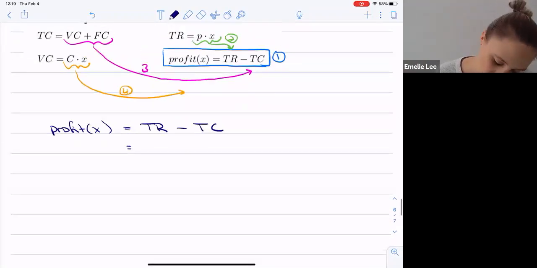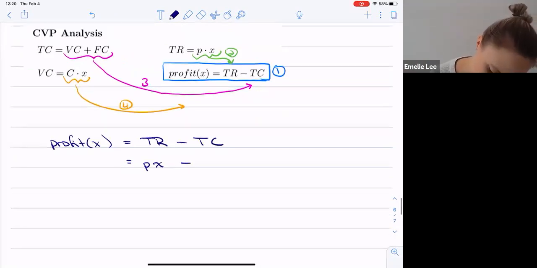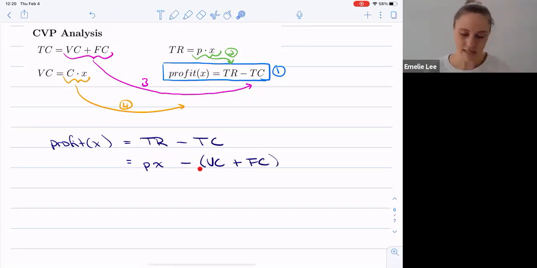The total revenue I'm replacing with P times X. In the same step, I'm going to replace the total cost with the variable cost plus the fixed cost. Making sure that you have brackets around here because this minus is on both the variable cost and the fixed cost, right?